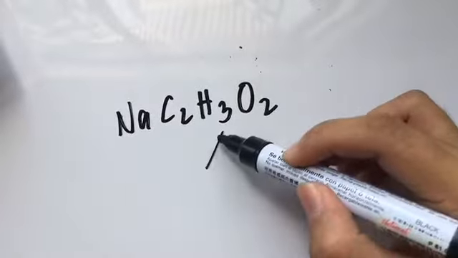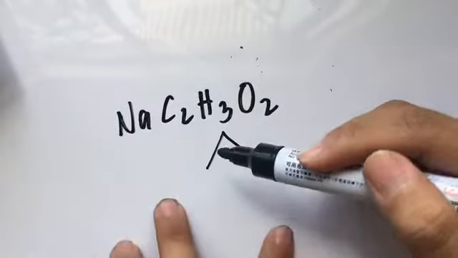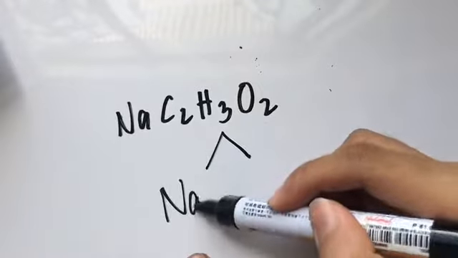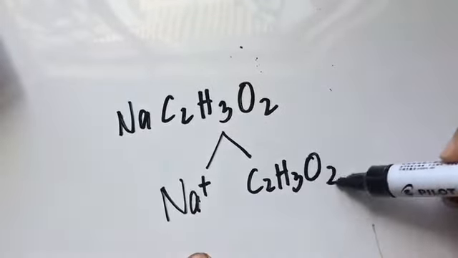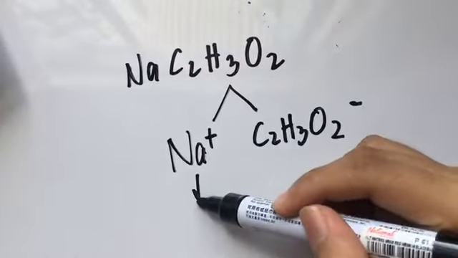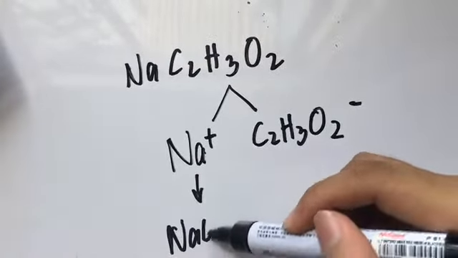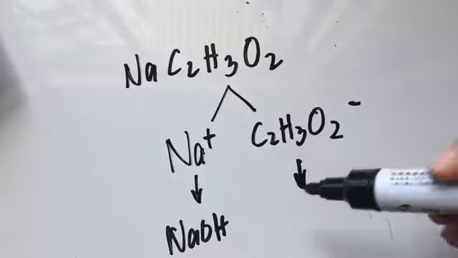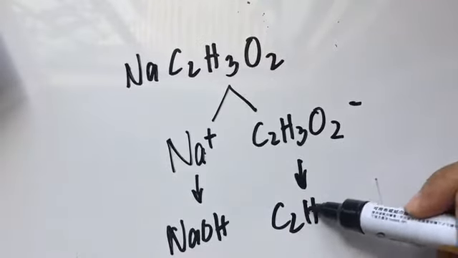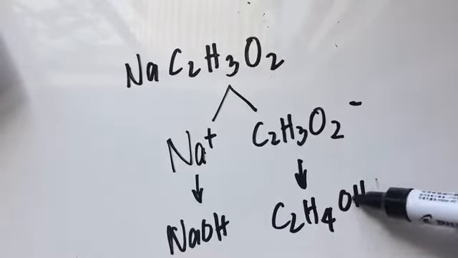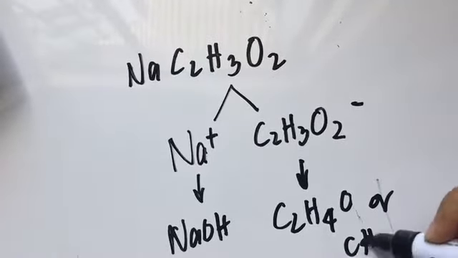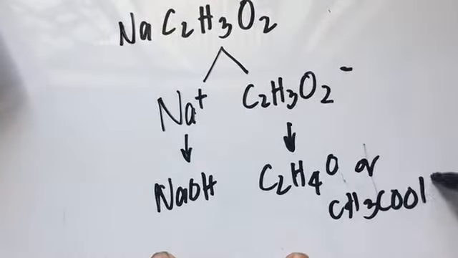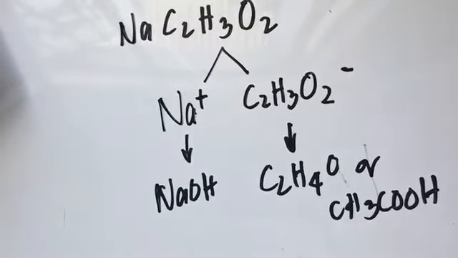We all know that this salt can dissociate into sodium ion and acetate ion. Okay? And we all know that this sodium ion came from NaOH and this came from acetic acid, or CH3COOH.